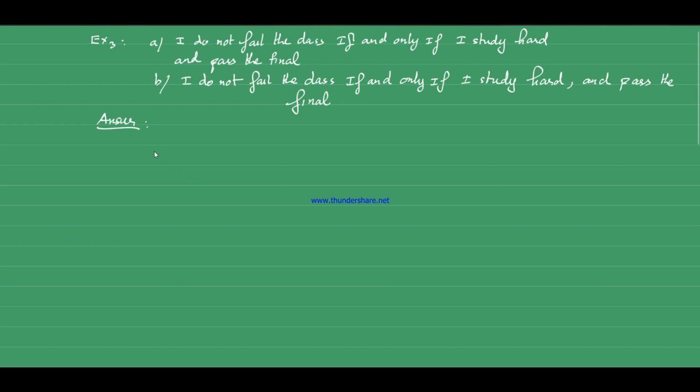So let P represent the first statement, I fail the class. Okay, and Q represent I study hard, and R represent I pass the final.